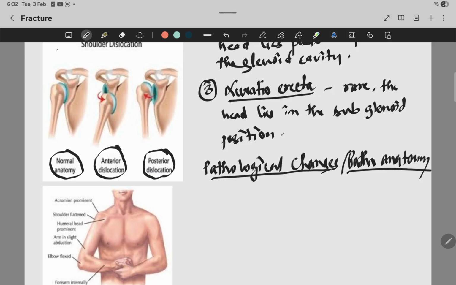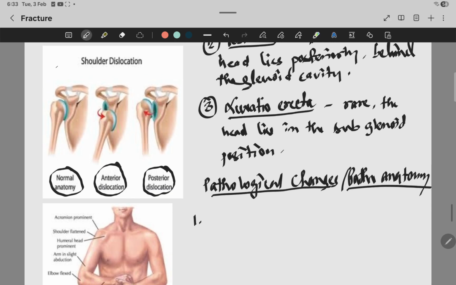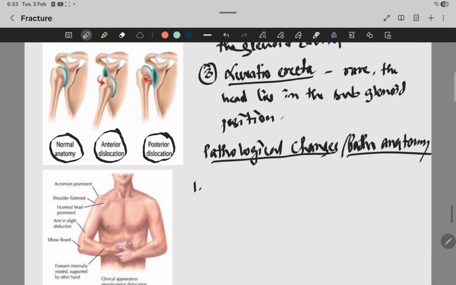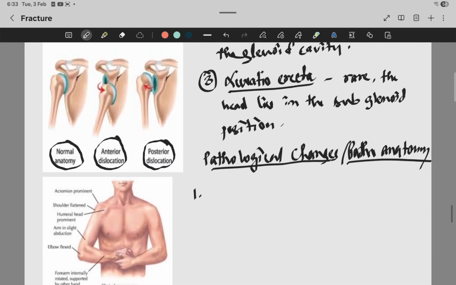Firstly, there are changes in the capsule and labrum, which is known as the capsulolabral injury.